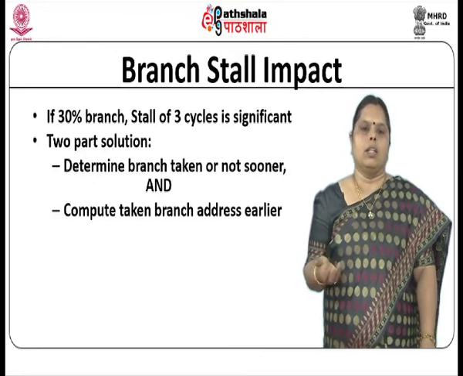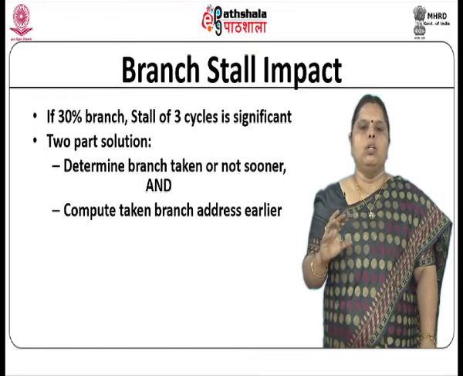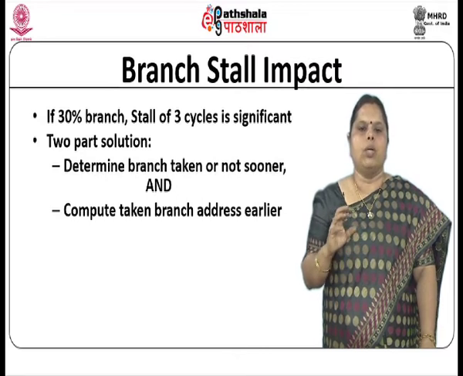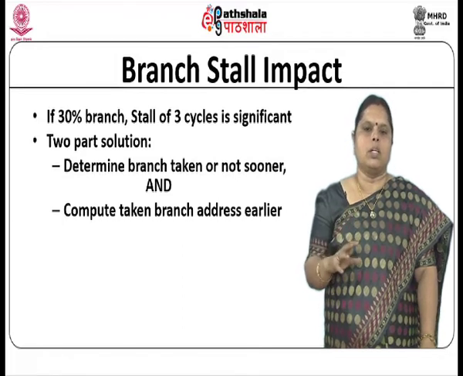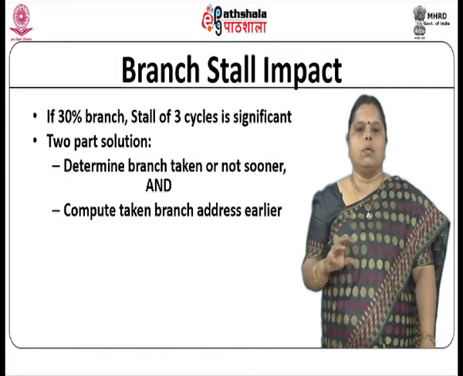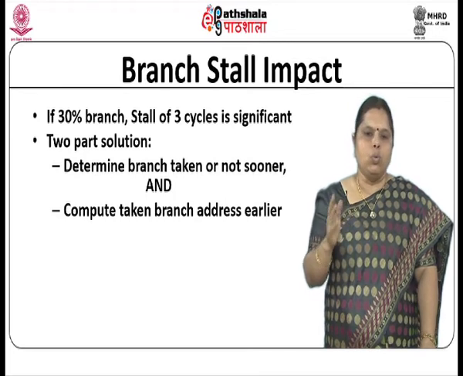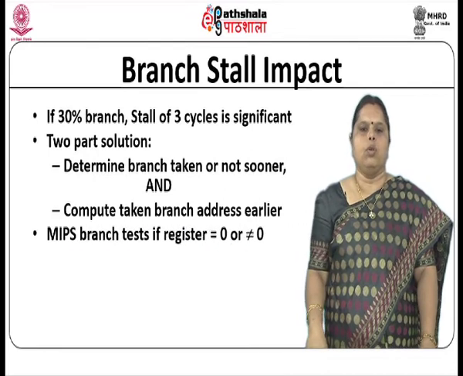So, how do we handle this? A fundamental rule is that you will always have to evaluate the branch condition early, and you will also have to evaluate the branch target address earlier, because unless you know the branch condition and have calculated the branch target address, you cannot resolve the branch. If you are able to do these earlier, you reduce the penalty associated with your branch.